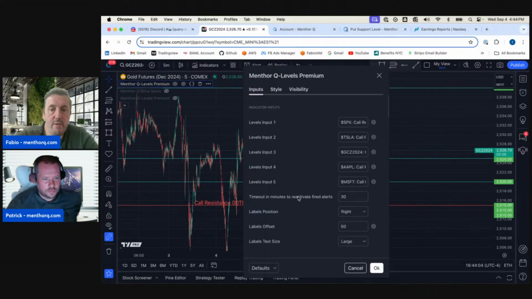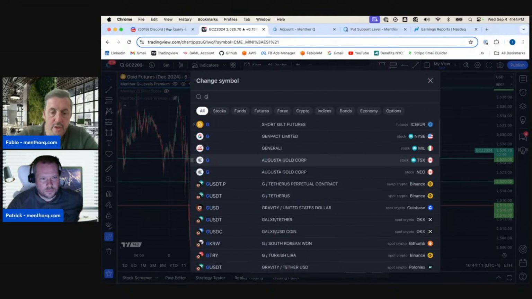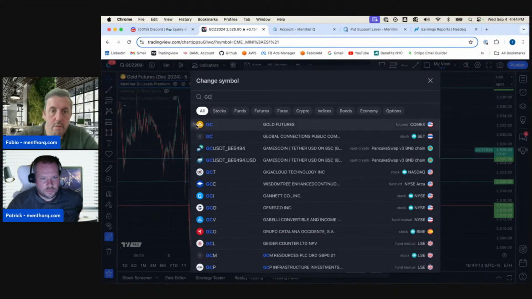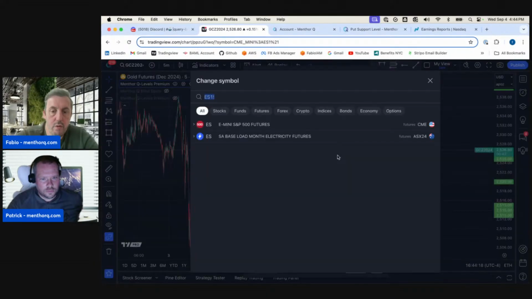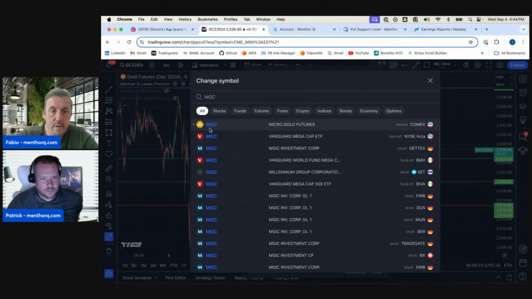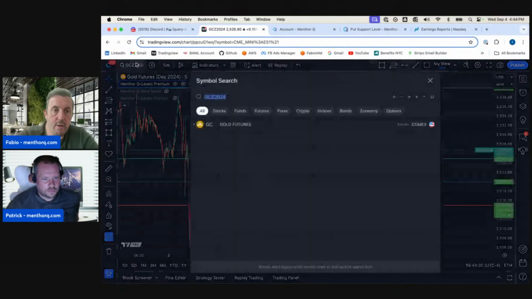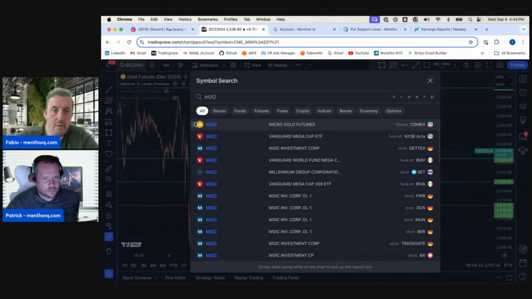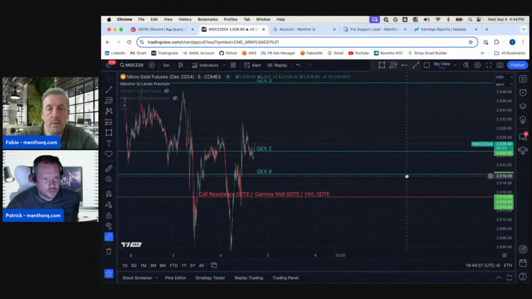You open up the indicator, and then you just come here and say from GCZ to MGCZ, and then type in a manual ratio of 1. Then we can go back to MGC, and now the levels are there. Very simple, easy.